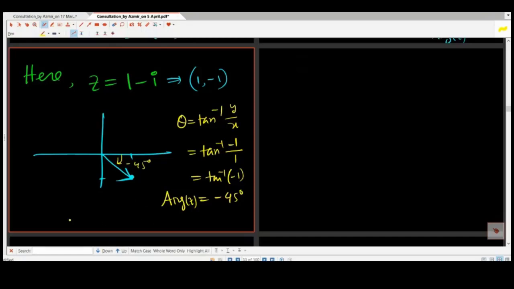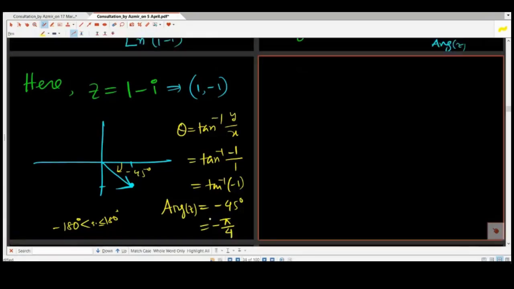We know the principal argument lies between minus 180 degrees and 180 degrees. It can also be equal to 180 degrees. So minus 45 degrees lies in this region, so it is okay. That means minus pi over 4. So this is how we have found the principal argument. The location is important.